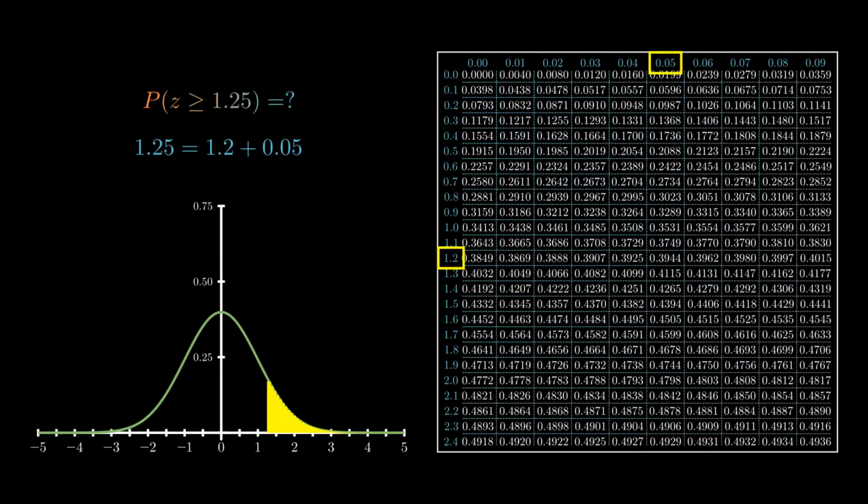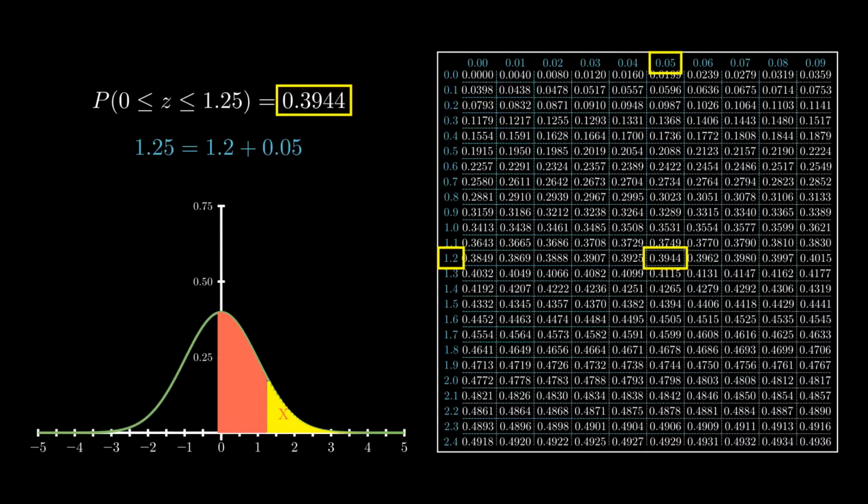By doing so, we arrive at a number, 0.3944. But is this the number that we're looking for? The answer is no. This is the probability that z is in between 0 and 1.25, which is represented by the red shade below. So to solve this, we need to remember that the sum of probabilities of all outcomes is always equal to 1. And this is the same for the normal curve.